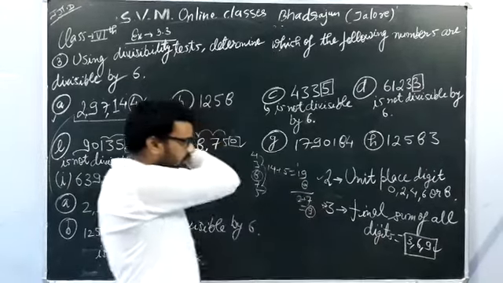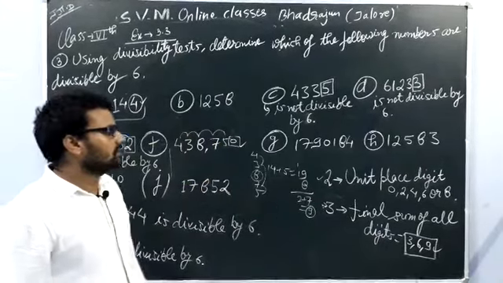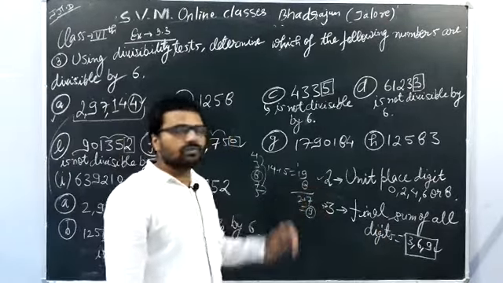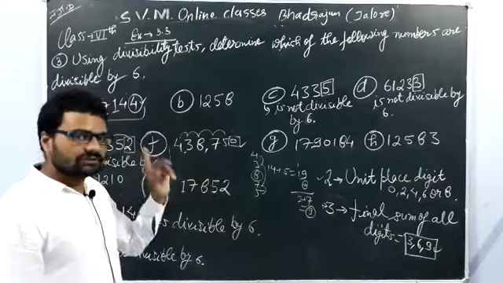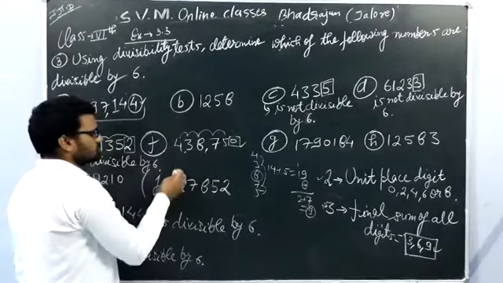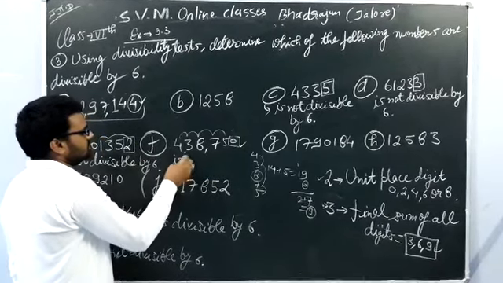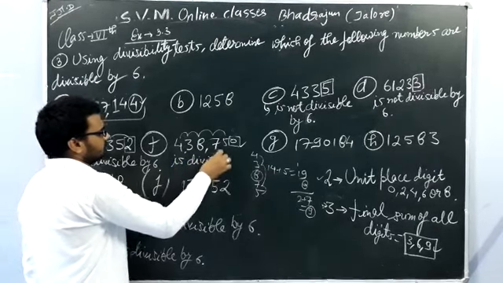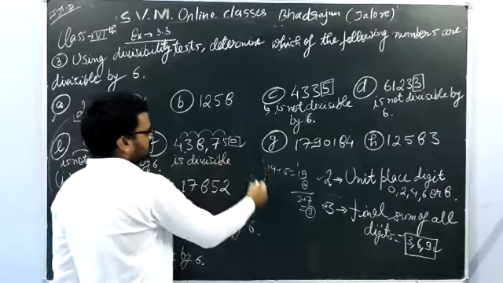So this number is also divisible by 3. The number is divisible by 2 and 3 both, then the number is divisible by 6 also. So our final response is divisible by 6.